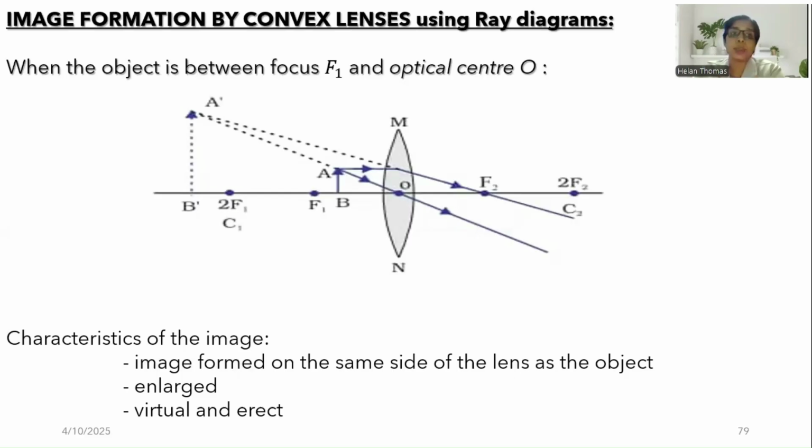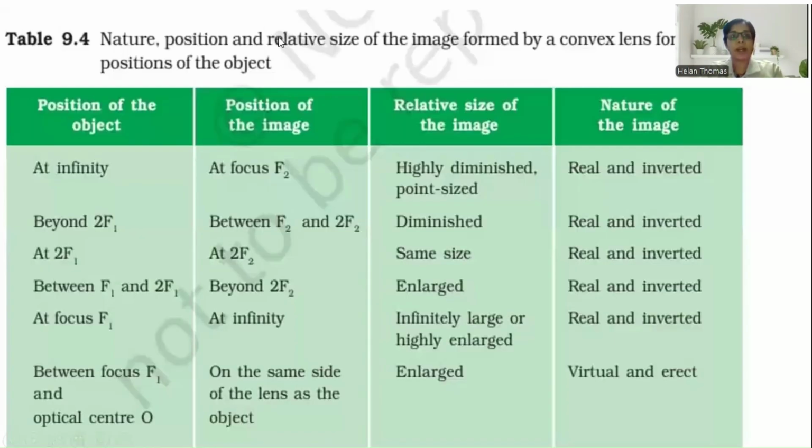But in this case, you will have a virtual and erect image, and the image is formed on the left hand side. Okay? And now this is a summary of the same that we discussed, which is there in your NCERT textbook.